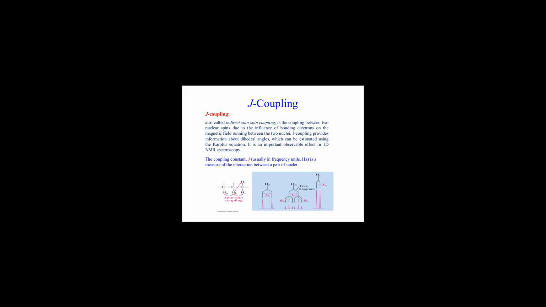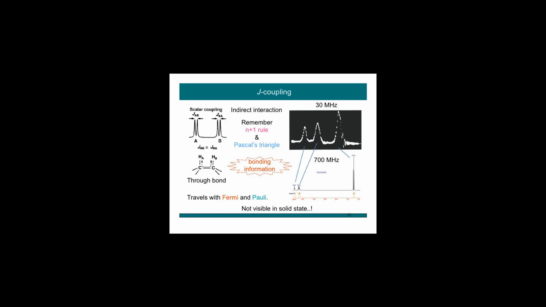For heteronuclear coupling, the magnitude of J is related to the nuclear magnetic moments of the coupling partners. 19F, with a high nuclear magnetic moment, gives rise to large coupling to protons. 103Rh, with a very small nuclear magnetic moment, gives only small couplings to 1H.